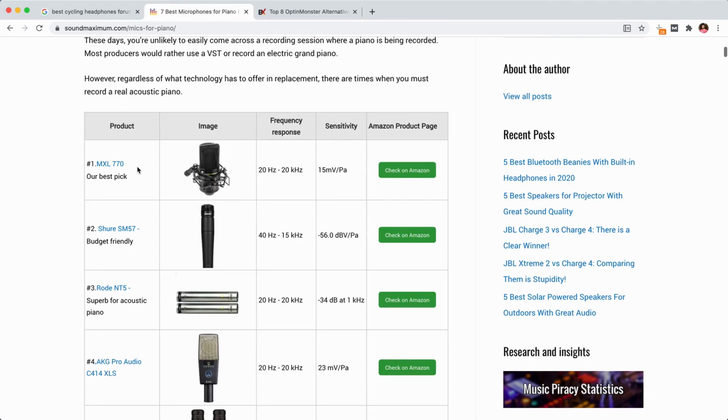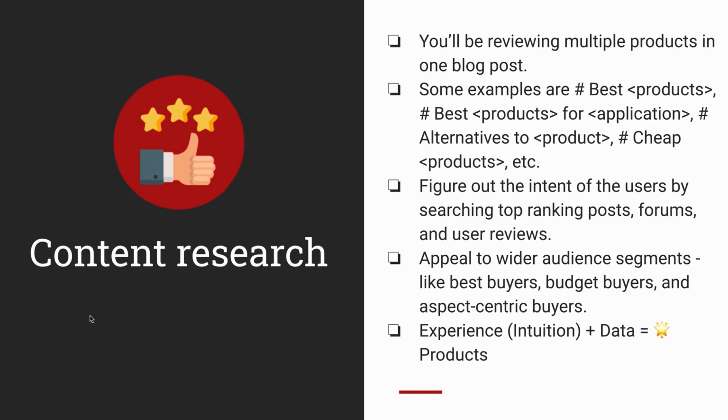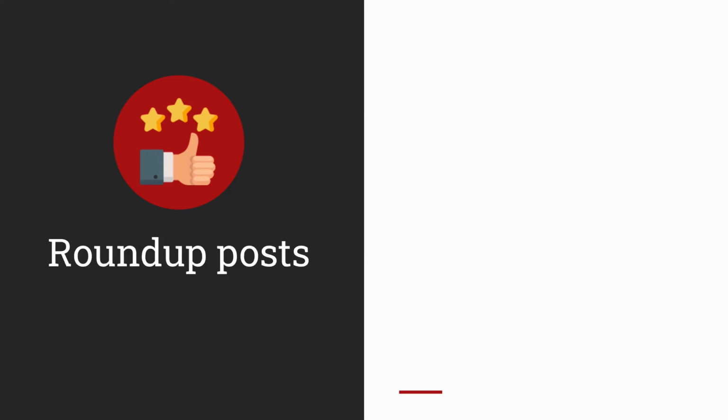So you need to research whether the products you're including are indeed the best when it comes to these USPs. That's really important. You need to combine your experience in your niche plus the data on the internet to figure out top performing 5-star products. Okay, so now it's time for you to write your roundup post.